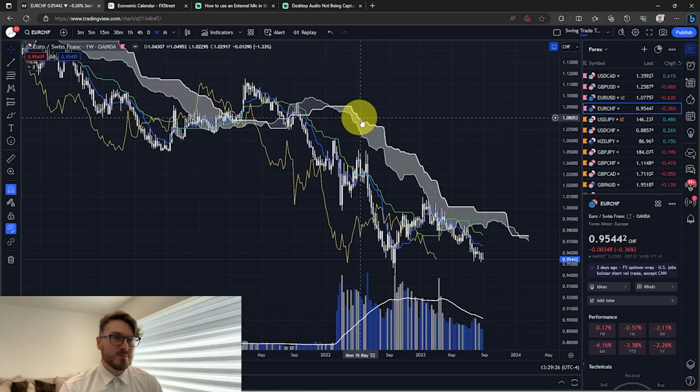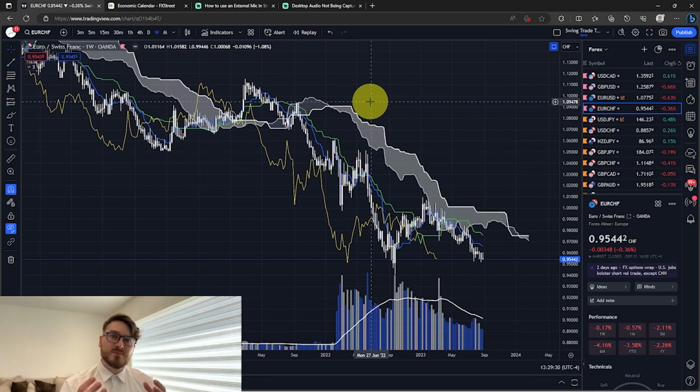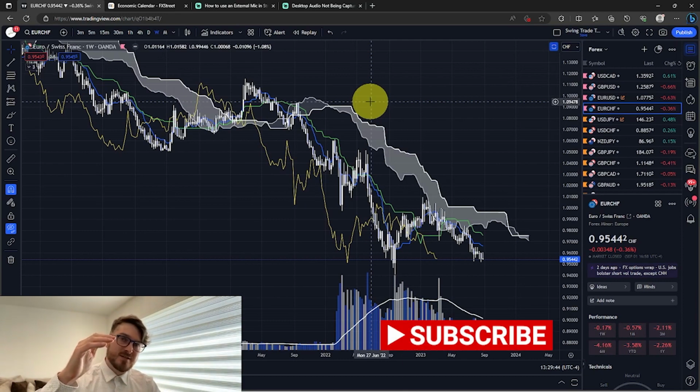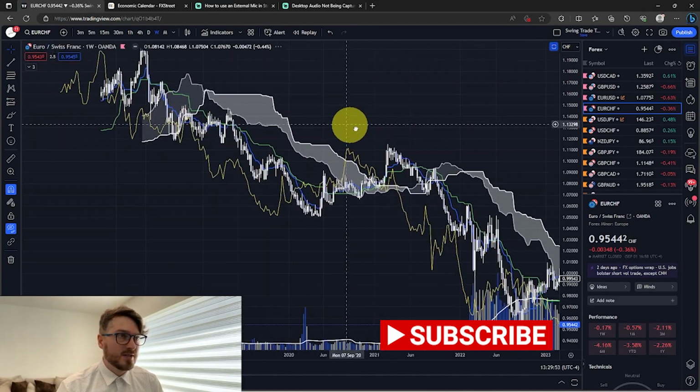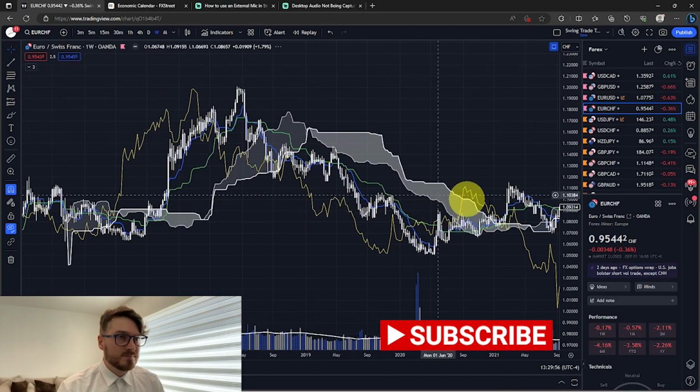And once we build up more steam, then we know that there's more people trapped in positions in the ranging market, right? And once those people get trapped, there's more liquidity and more stop losses set and more orders in place, right? And once that steam builds in the cloud, that gives us the momentum to move down to the next level, right? So these thin clouds really are not strong enough.